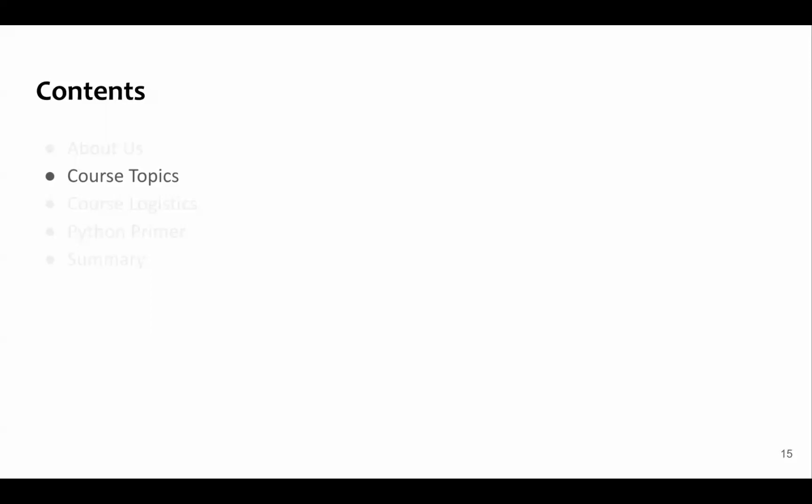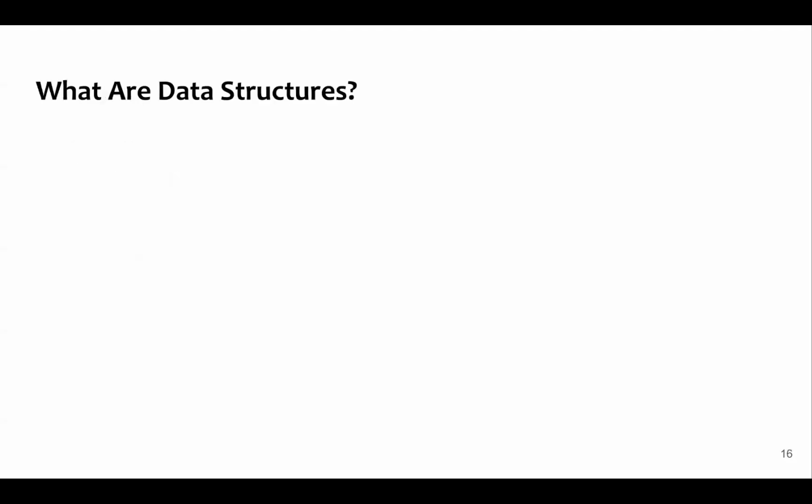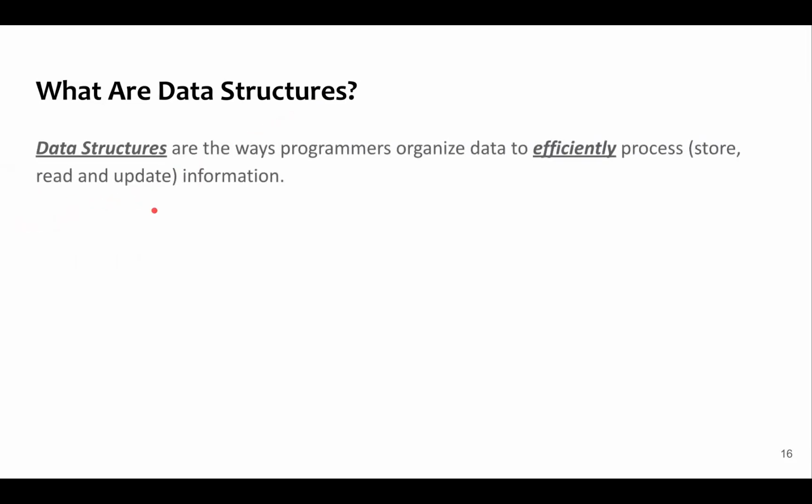Okay, let's move on. From now on, I'm going to talk about what we are going to discuss throughout the course. First of all, what are data structures? Data structures are the ways programmers organize data to efficiently process. Here, process means storing or reading or updating some information.